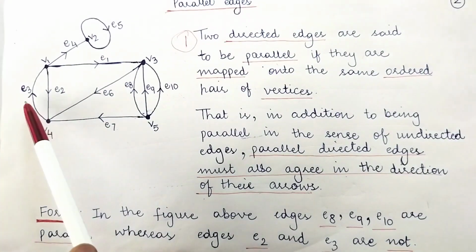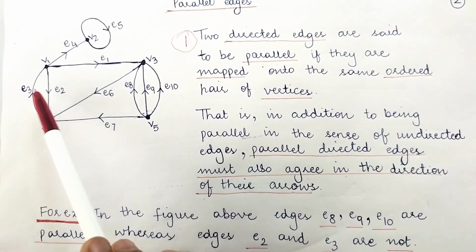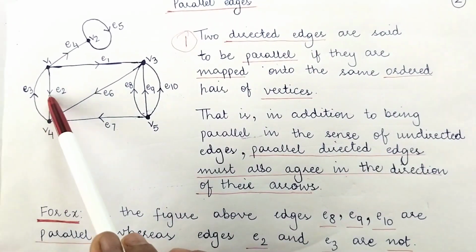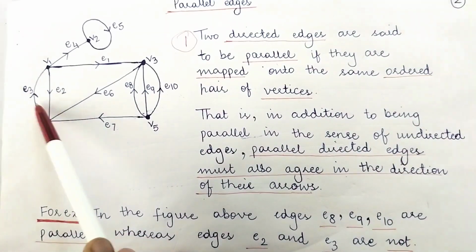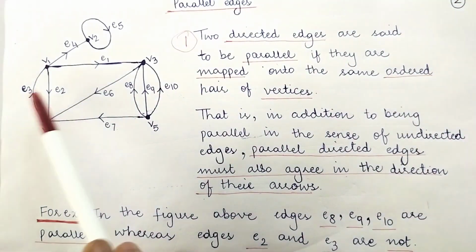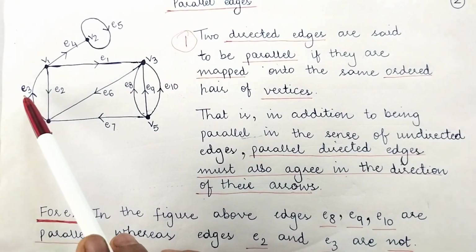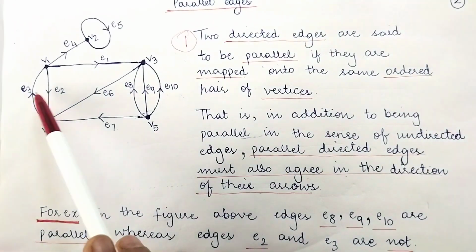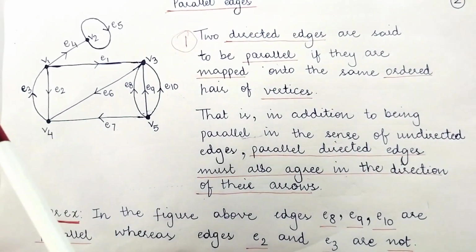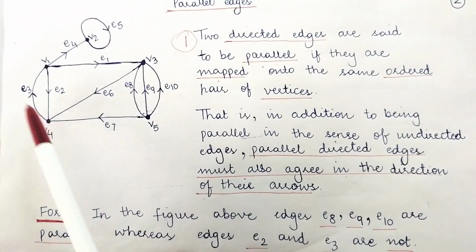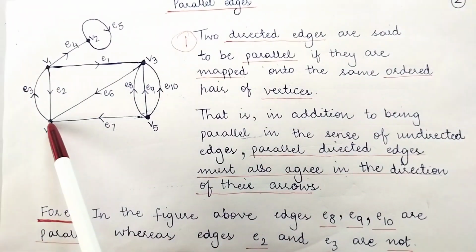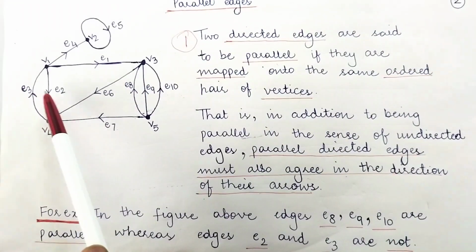But since we are considering a directed graph, clearly you can see both the edges E3 and E2 have arrows on them which show the direction of the edges, and the arrows are not in the same direction for these two edges, despite the fact that they are incident on the same pair of vertices. Hence clearly E3 and E2 are not parallel edges.